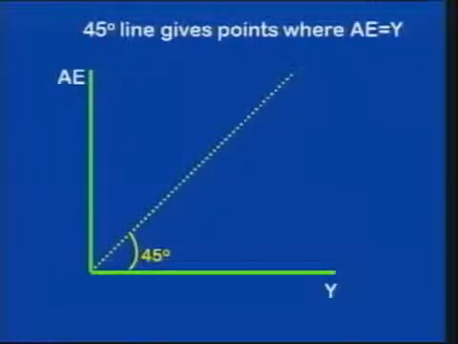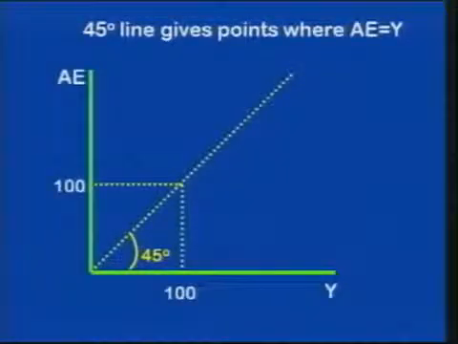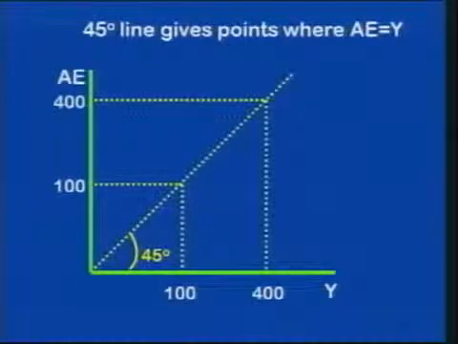So for example, one point on that line is where there's 100 in aggregate output and 100 that people want to buy. Another one's 400, whatever. So for that 45-degree line, we know the equilibrium has to be somewhere on there. That's the only place in which the aggregate output is equal to how much we want to buy.